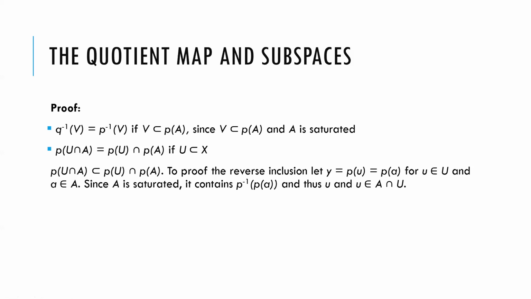So u would belong to the intersection of A and U. Basically we get that these two are equivalent. If u belongs to the intersection of P of U and P of A, it would also belong to U intersecting A. Once we have that, we can go to our second part.